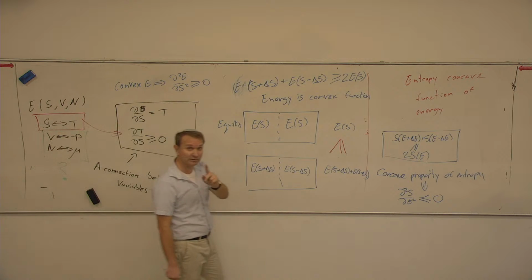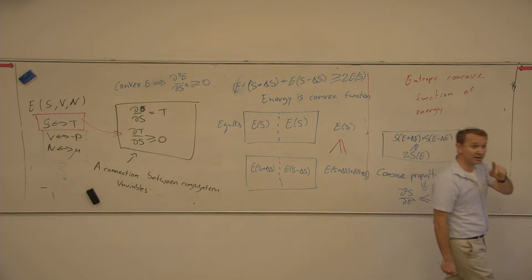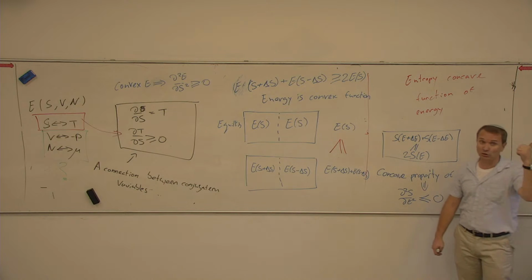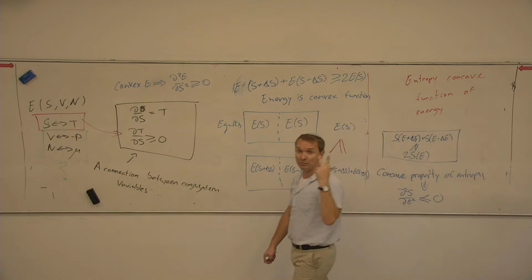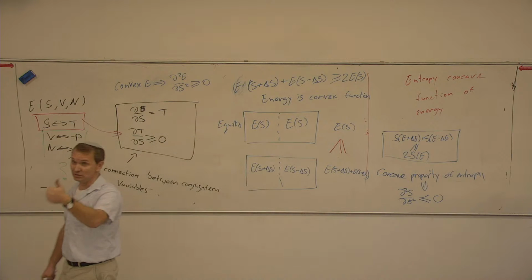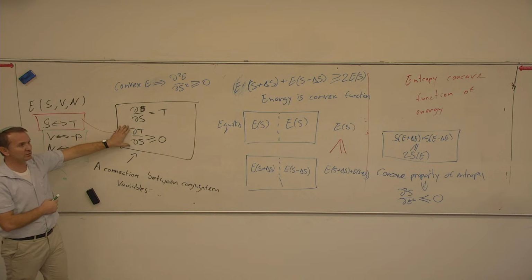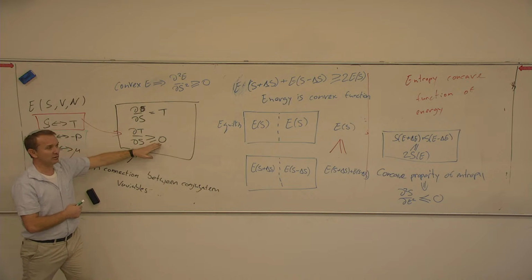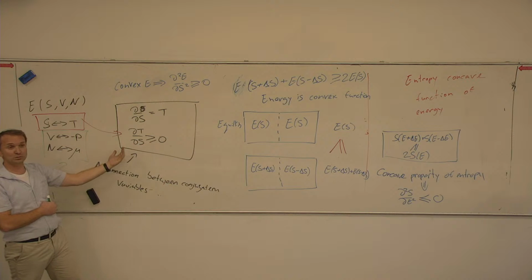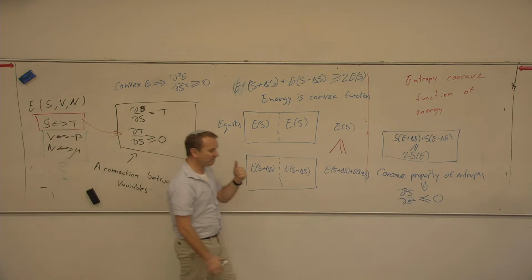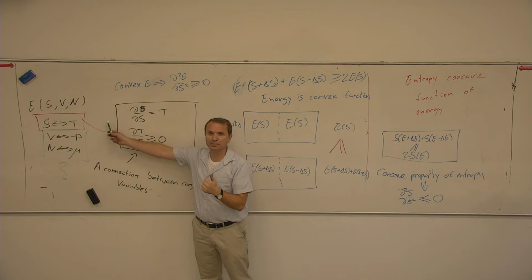Because all the derivatives of the energy are intensive variables. It's going to be temperature, it's going to be minus pressure, it's going to be chemical potential, it's going to be tension, and then the concavity or convexity is going to tell us, well, you take the derivative with respect to something, and it's either greater than 0 or smaller than 0. So those are stability relations.